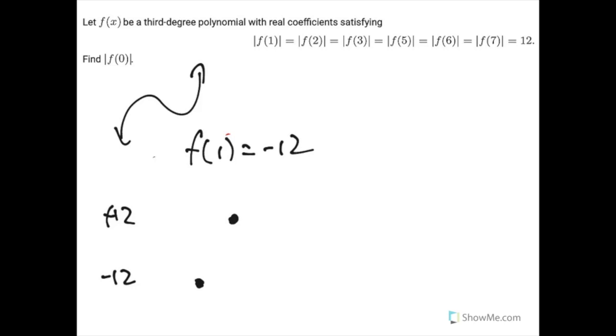And if f of 3 is negative 12, that doesn't make too much sense, because we will end up with eventually too many ups and downs for this to be a cubic function. So f of 3 has to be 12. And f of 5 is negative 12, f of 6 is negative 12, and f of 7 is 12.